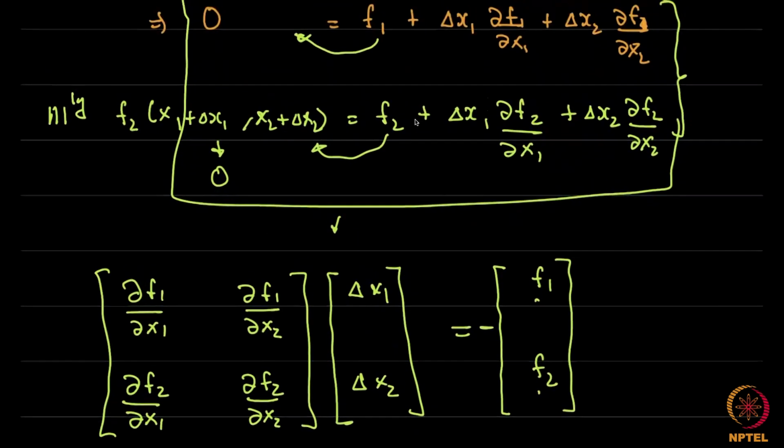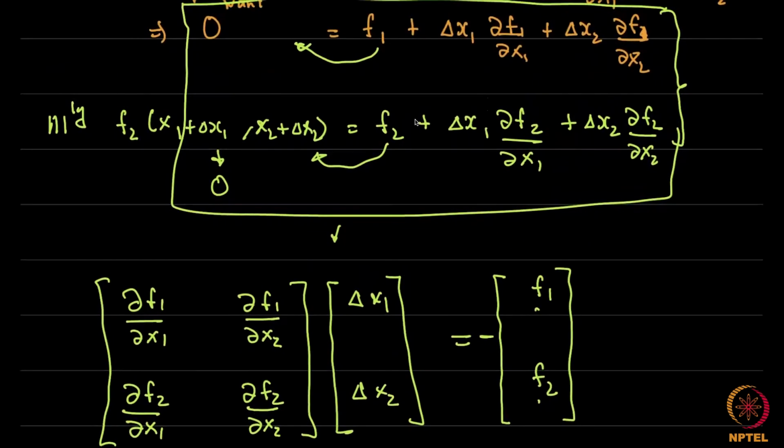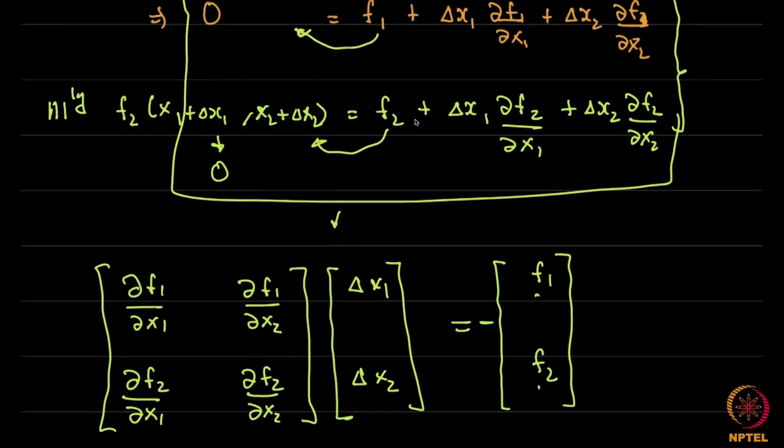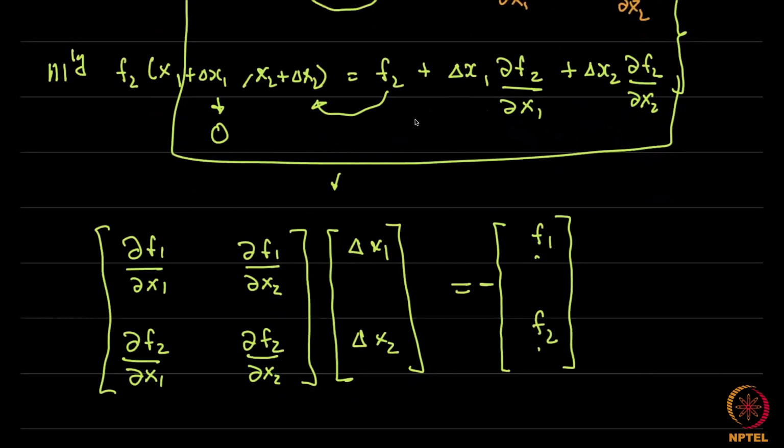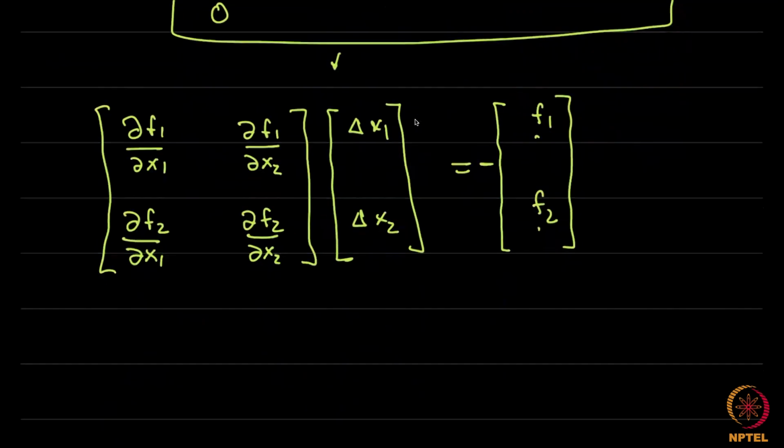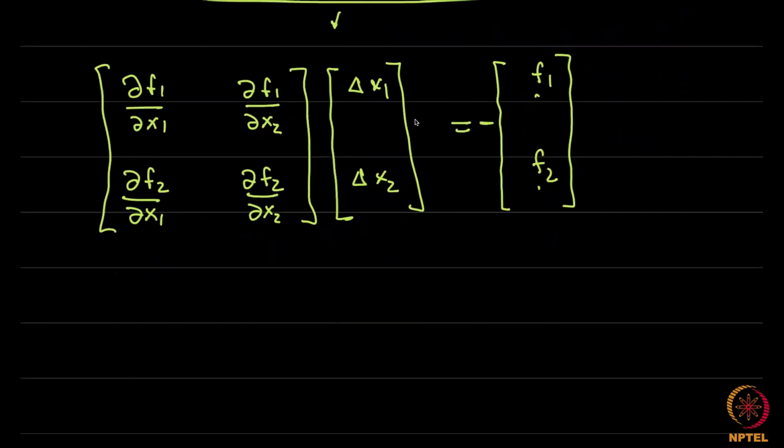Now notice this matrix multiplication. Here it comes to del f1 del x1 times delta x1, del f1 del x2 times delta x2, first equation. Second equation, delta x1 multiplied by del f2 del x1, delta x2 multiplied by del f2 del x2. Now notice the structure of this equation. This basically is our Jacobian.